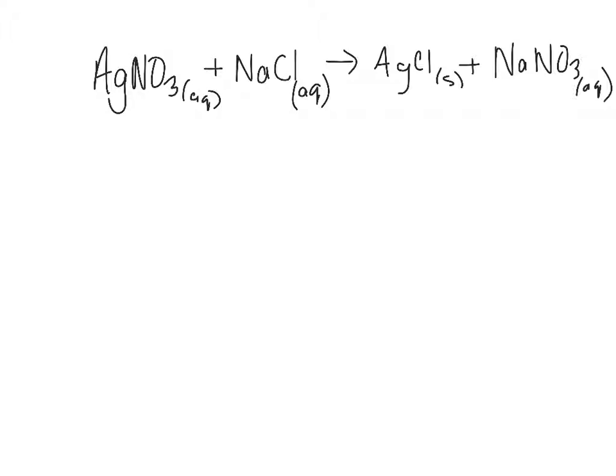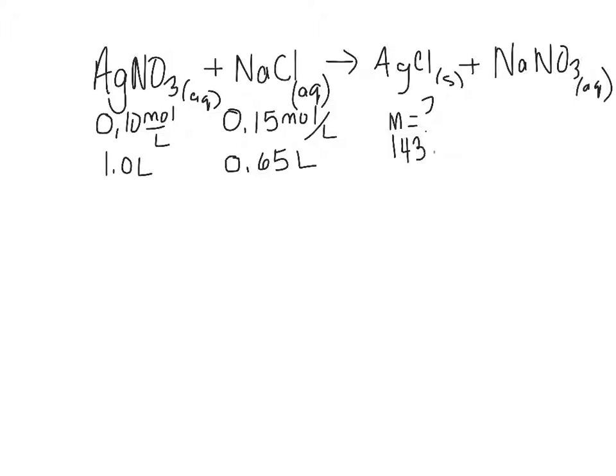Hydrogen is 1.01. So water's 18.02. Good. Molar mass. So what's the molar mass of silver chloride? 107.87 plus 35.45. 143.33.